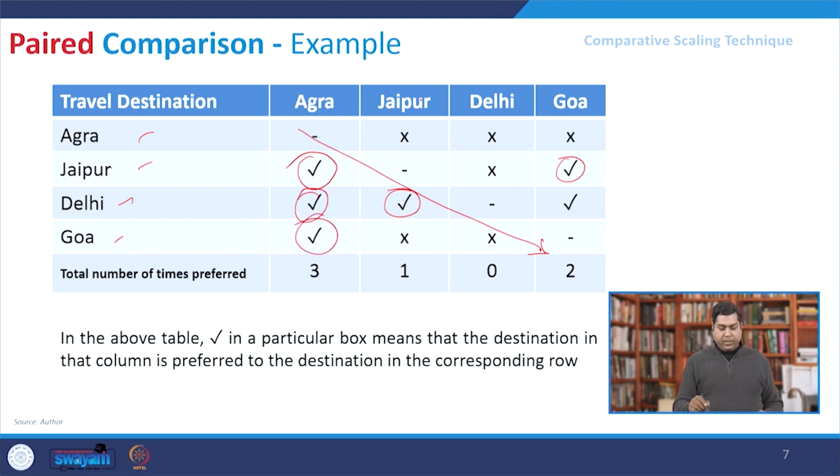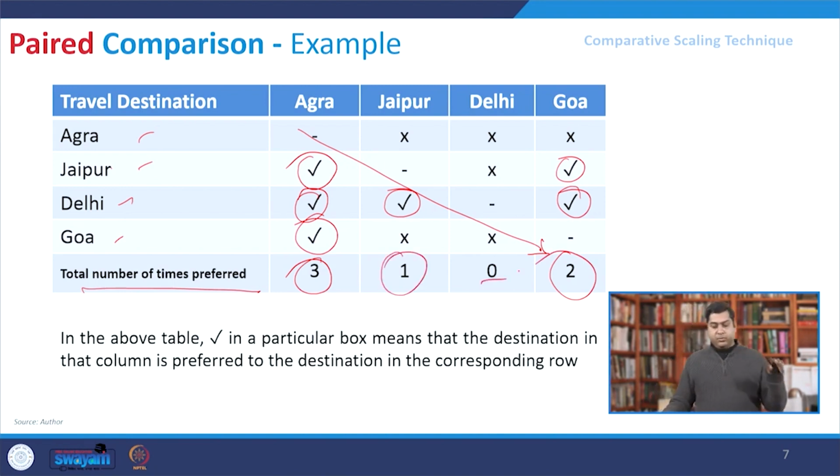But when you compare Jaipur and Delhi, in this case Jaipur is preferred, and Goa is preferred when you compare with Jaipur and Delhi, but Delhi is not preferred anywhere. So now the total number of times preferred: we have 3 times for Agra, then 2 times for Goa and then 1 time for Jaipur.